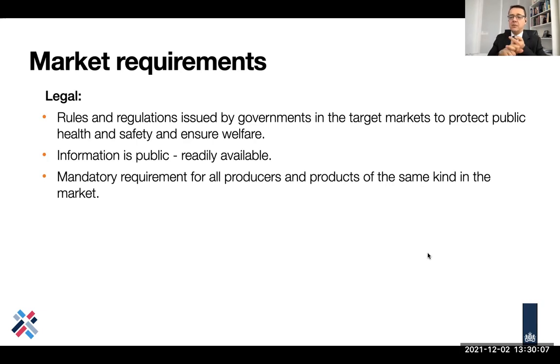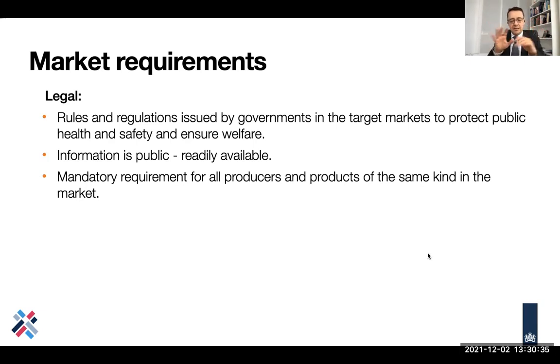This is the requirement that establishes, for example, the absence of lead in paints, in toys, and in general in paints, right? These are the things that relate to what is typically known as SPS, the sanitary and phytosanitary space, or the technical rules and obstacles to trade space.